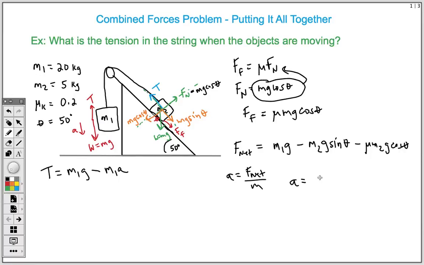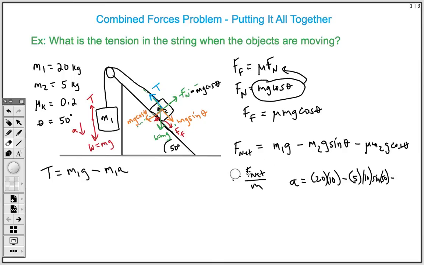So our acceleration is, and I'm going to start plugging in values now, m1 times g, so 20 kilograms times gravity, which is 10, minus m2, 5 kilograms, times g, which is 10, times the sine of 50, minus mu m2, and let me just go ahead and erase this and write it.